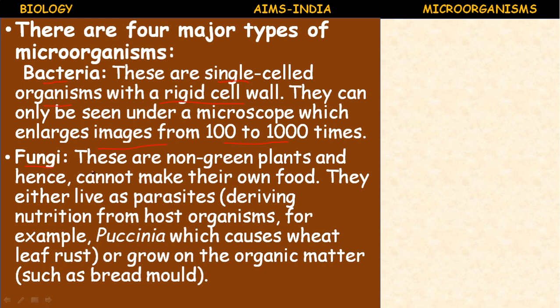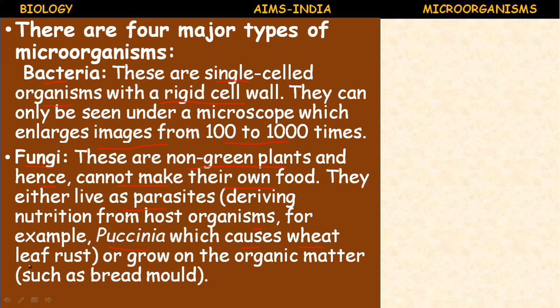Next, the second one is fungi. These are non-green plants and hence they cannot make their own food. Either they live as parasites, deriving nutrition from the host organisms. For example, Puccinia is a fungus which causes a disease in the wheat plant.